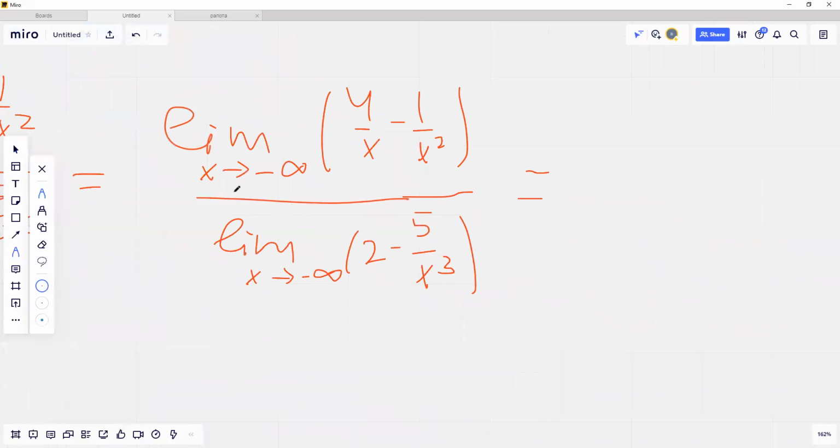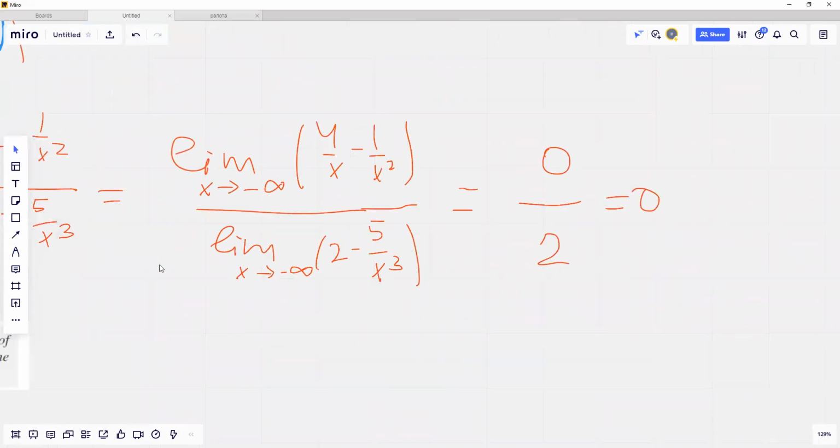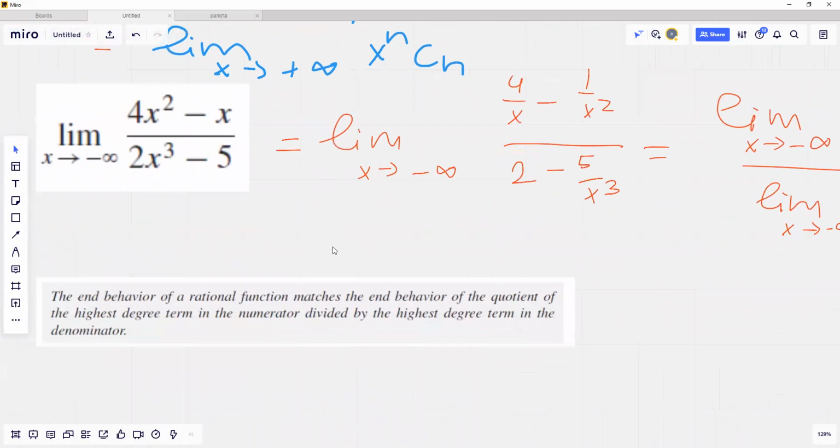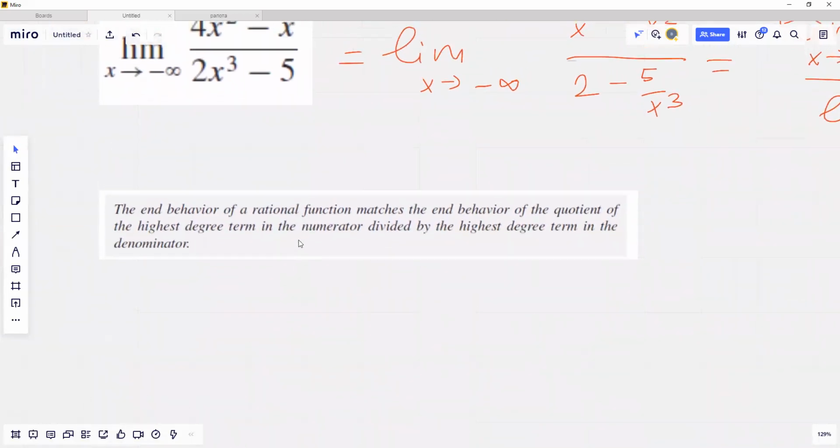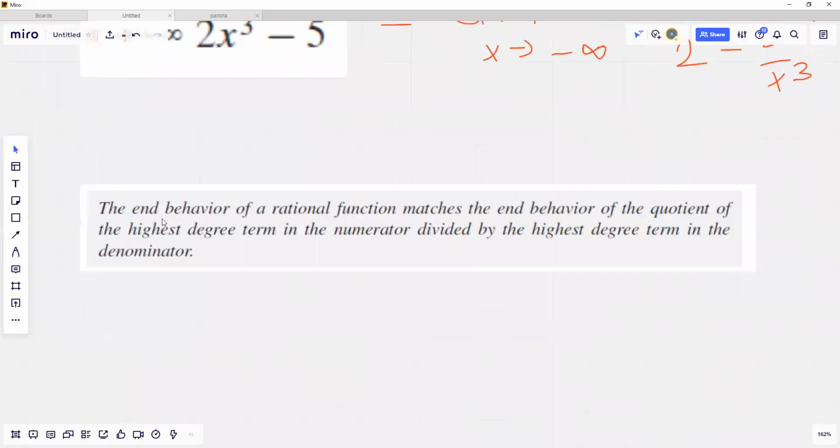All right, as x goes to minus infinity, we have 0 in the numerator. As x goes to minus infinity, this is 2. So the answer is 0. So here we could have used the following nice property: the end behavior of a rational function matches the end behavior of the quotient of the highest degree term in the numerator divided by the highest degree term in the denominator.